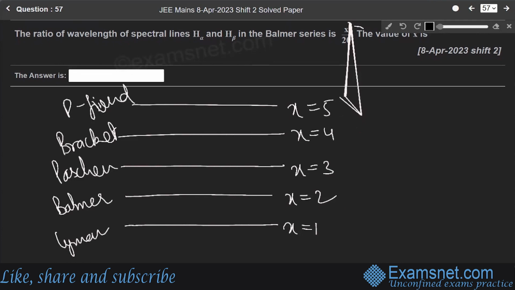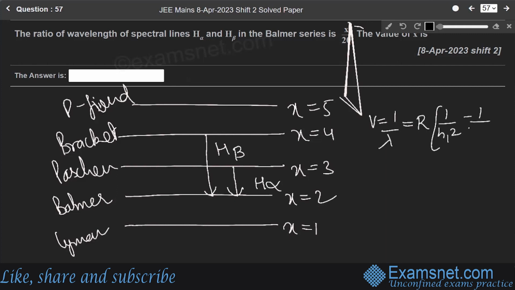When the transition is from n equals 3 to n equals 2, we get the H alpha line. When the transition is from n equals 4 to n equals 2, we get the H beta line. So there is a famous relation: 1 over lambda equals R, Rydberg's constant, into 1 over n1 square minus 1 over n2 square.